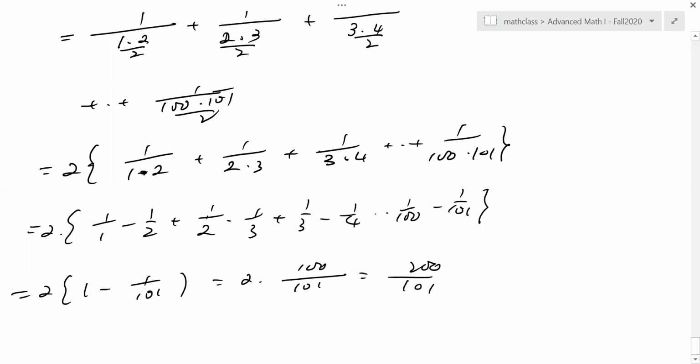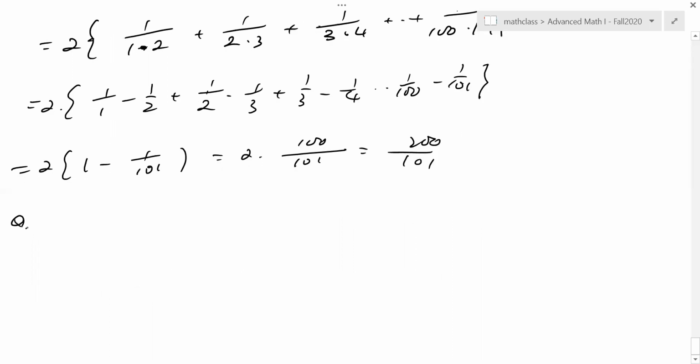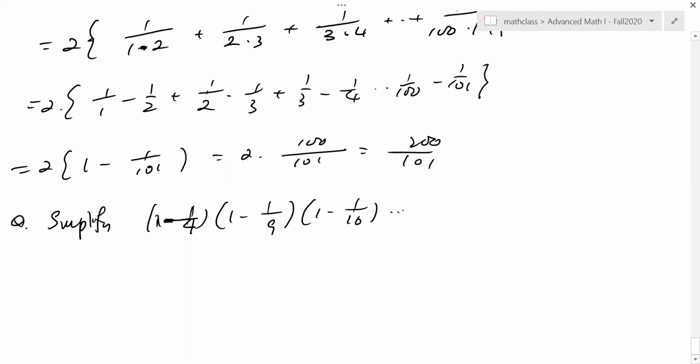Right, my next problem: simplify 1 minus 1 over 4, 1 minus 1 over 9, 1 minus 1 over 16, up to 1 minus 1 over 2,500.